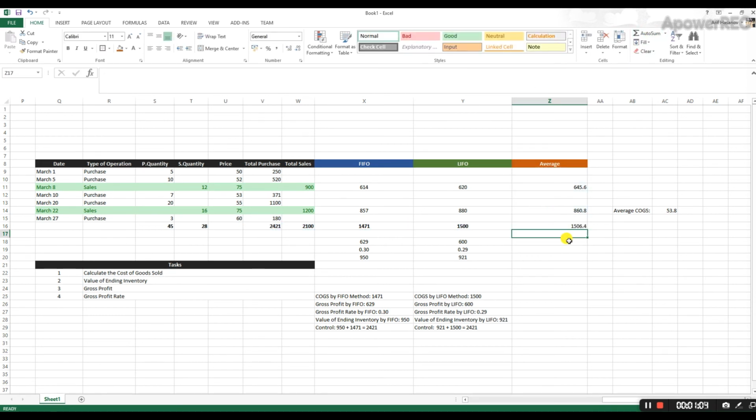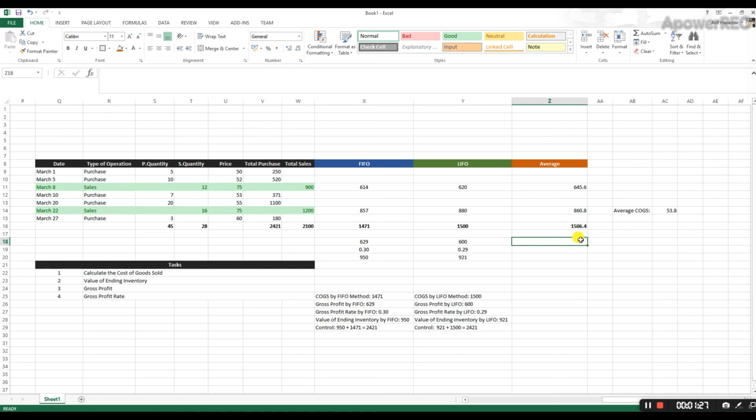We have this number, 1,506.4. You also have to write down the point. Don't delete it or leave it blank. Then we have this cost of goods sold for the average method, and we can calculate the profit.